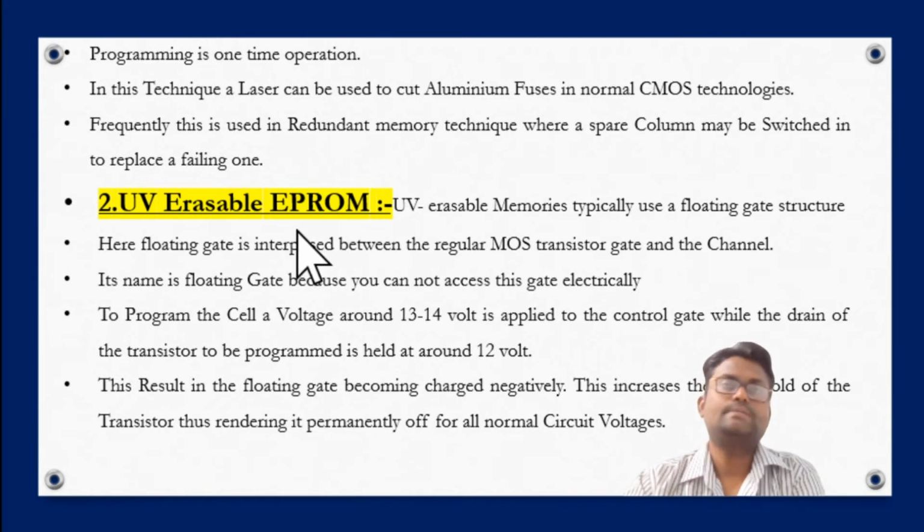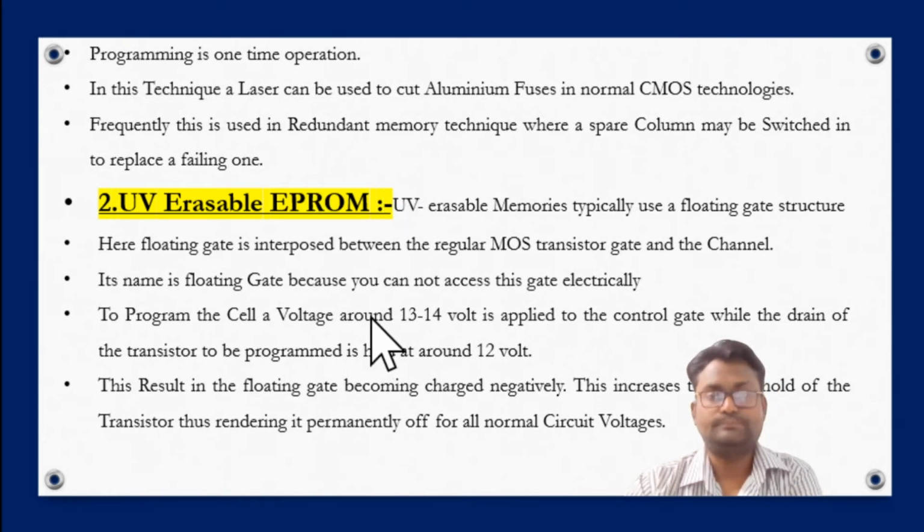Read-only memory means we can only read that type of memory, but we can also write that memory more than one time. But the time required to write the memory is very high, that's why we can say we can only read this type of memory.